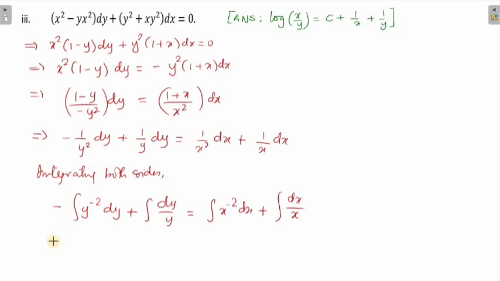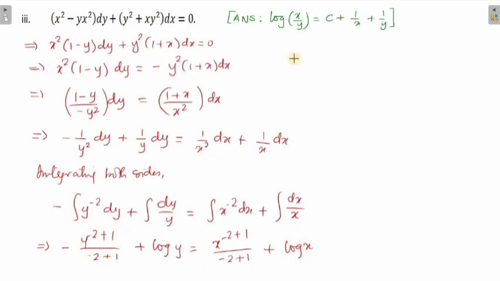Now, so minus y to the power minus 2 plus 1 divided by minus 2 plus 1, this is log y, this is x to the power minus 2 plus 1 by minus 2 plus 1, plus this is log x.